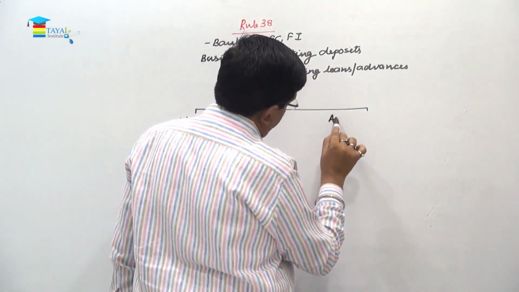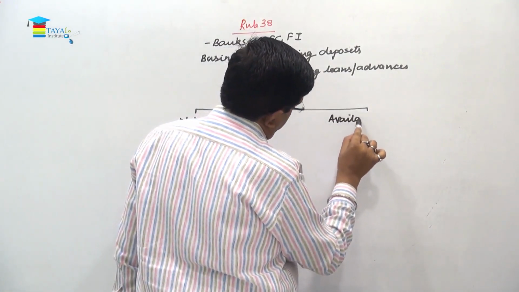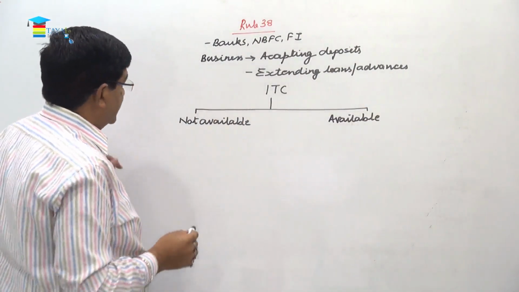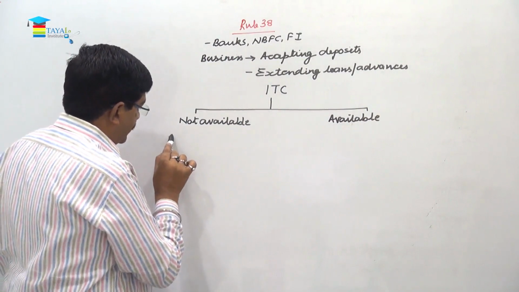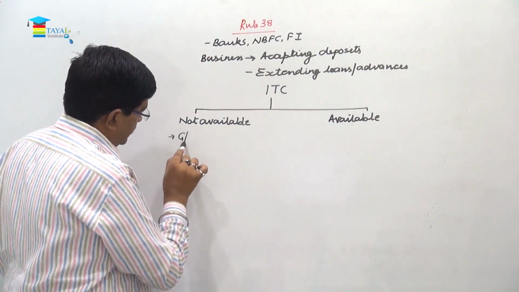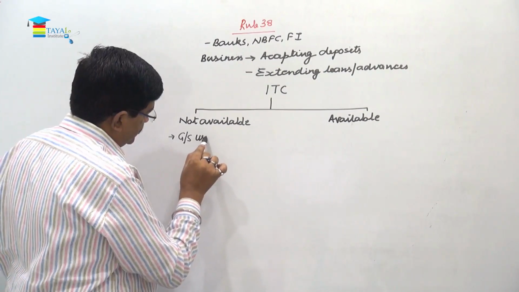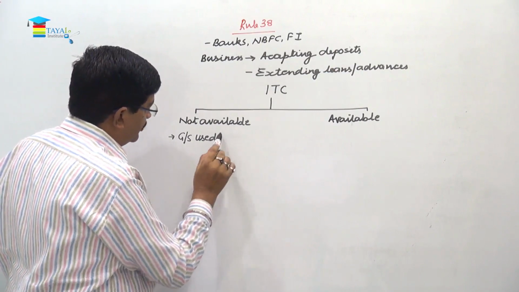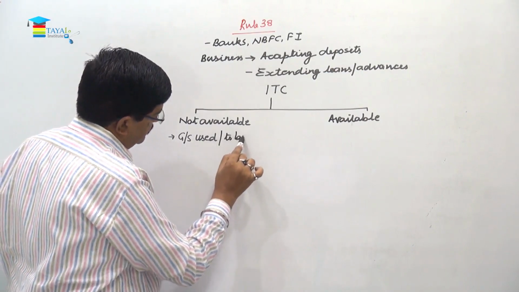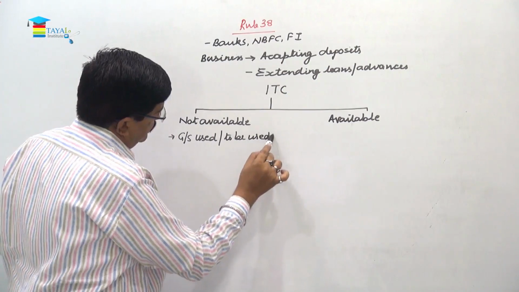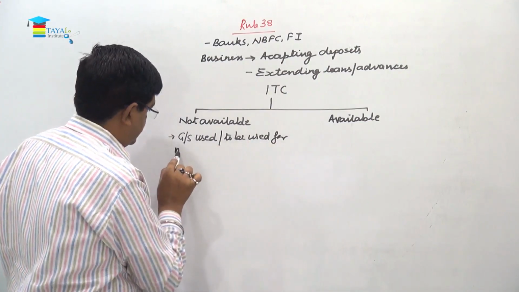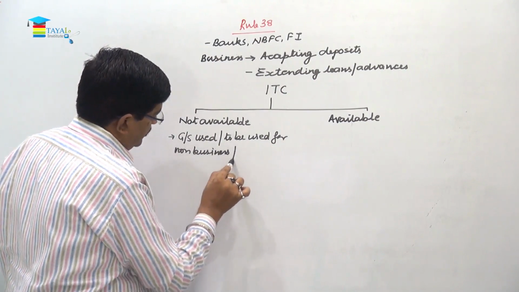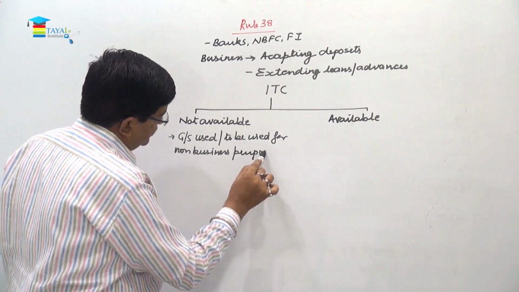and then available, right? The credit is not available for goods and services used or to be used for non-business purposes.